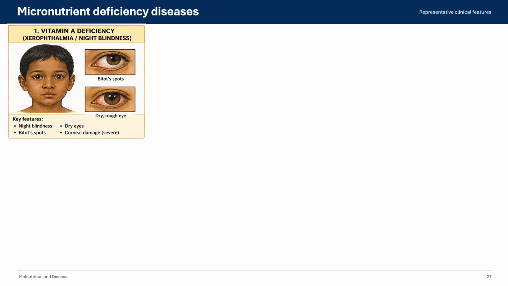So the prevention of this type of deficiency may include regular consumption of vitamin A rich nutrients such as carrots, dark green leafy vegetables, red palm oil, liver, eggs, fortified foods, and vitamin A supplementation where necessary.